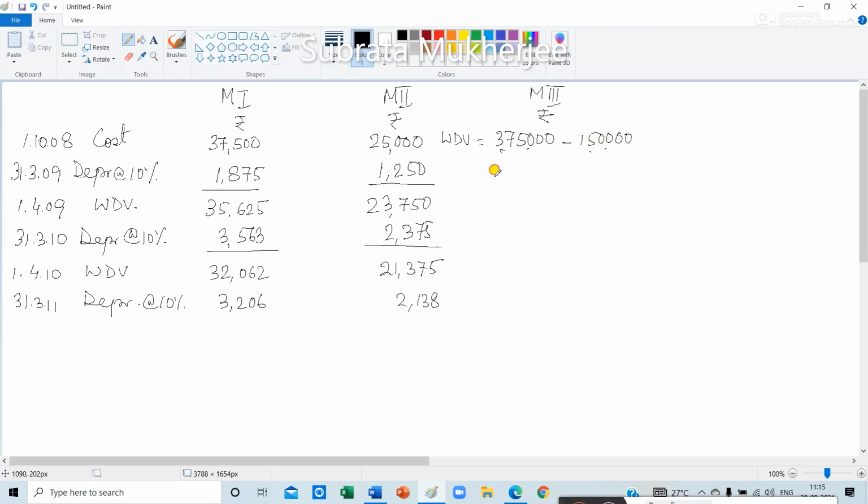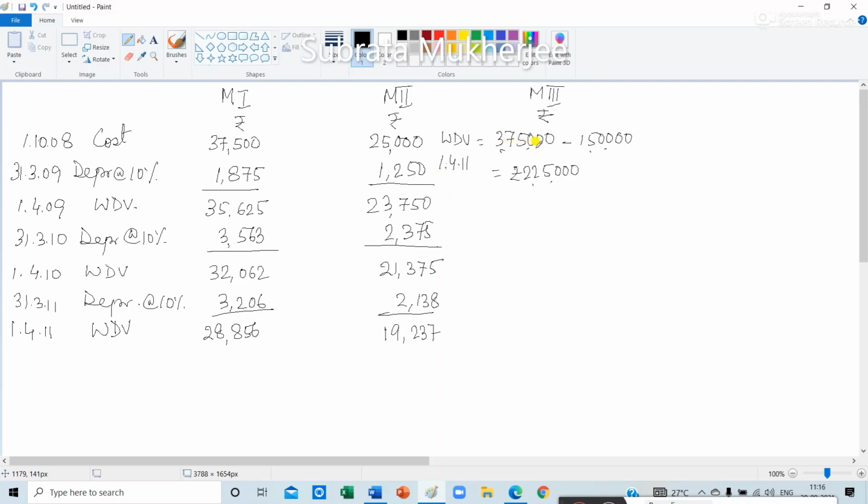So 2,25,000 is the written down value of the machine on 1st April 2011. From this 2,25,000, you have to reduce the written down value of the two machines that were sold on 31st December 2011. So this is 28,856 and 19,237.